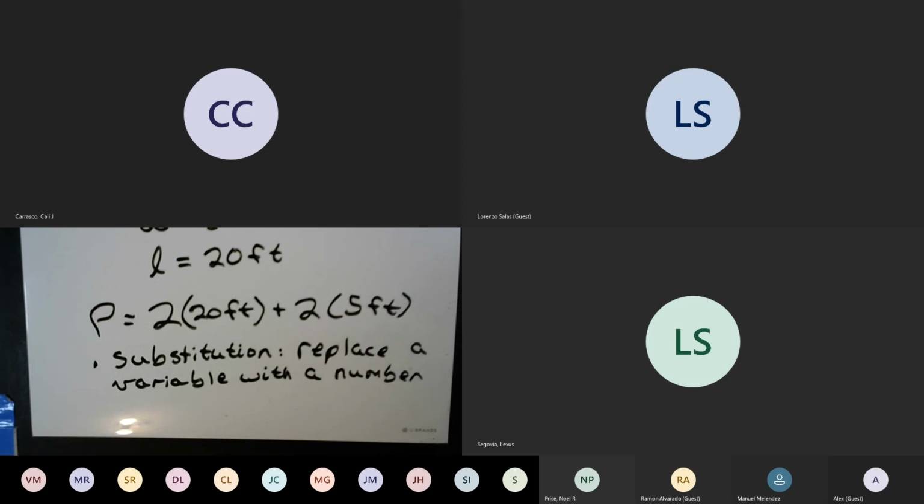And when we do that, it's convention to put parentheses around the number we're replacing with.